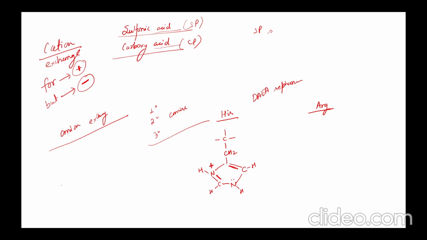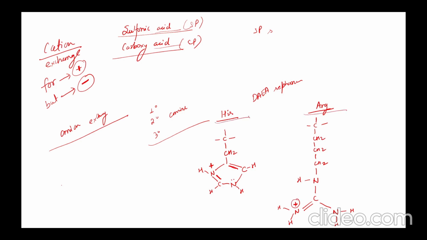This is arginine, I'll draw. It has 3 nitrogen atoms in its surrounding. Okay, so these are the histidine and arginine structures.